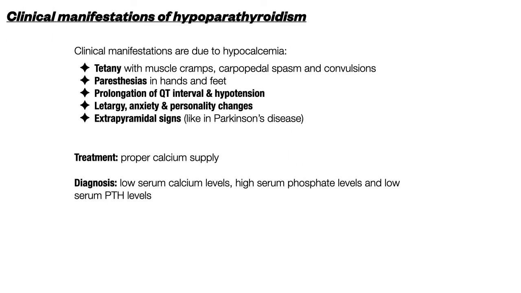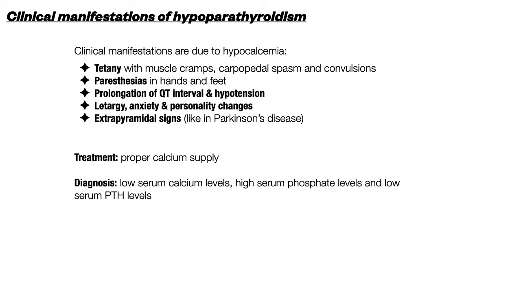Okay, so as you know, calcium is very important in muscle contraction, in normal muscle functioning. So one of the manifestations of hypocalcemia is called tetany, which are muscle cramps, spasms and convulsions, especially in carpal tunnel. Also, it will cause paresthesias, which is that tingling in your hands and feet.